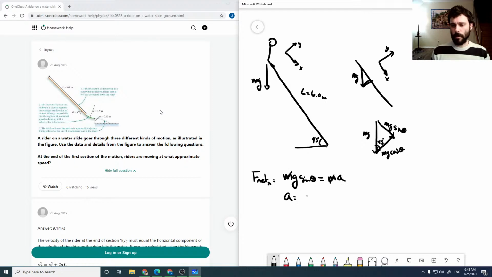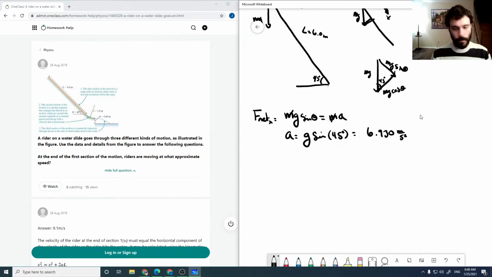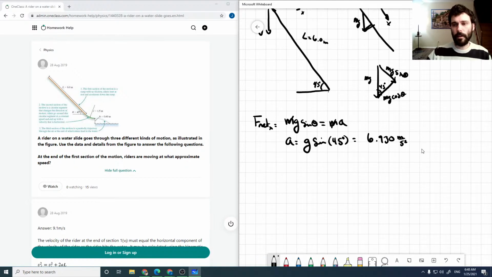Our acceleration is then just g sine of 45 degrees, which is 6.930 meters per second squared. So that's our acceleration. So now we can readily solve for our speed at the end of the travel.